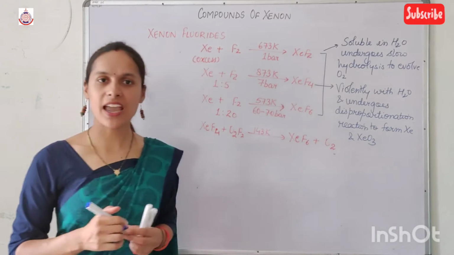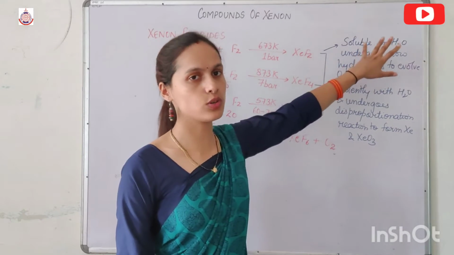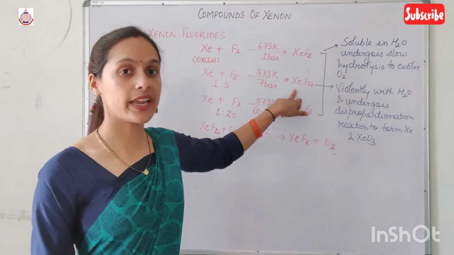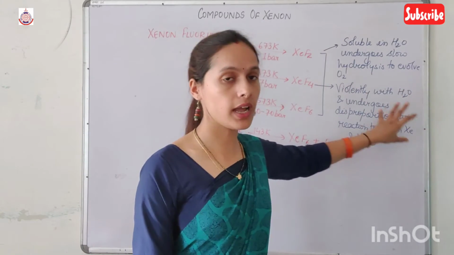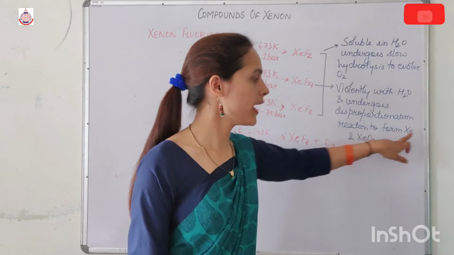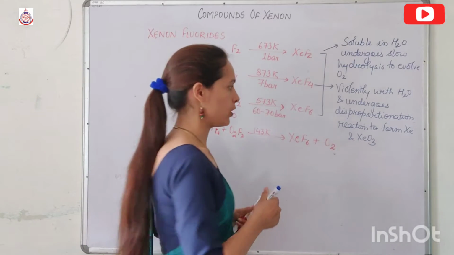So XeF2 is soluble in water, but it undergoes slow hydrolysis to evolve O2. XeF4 reacts violently with water and undergoes a disproportionation reaction to form Xe and XeO3, which is an explosive compound.